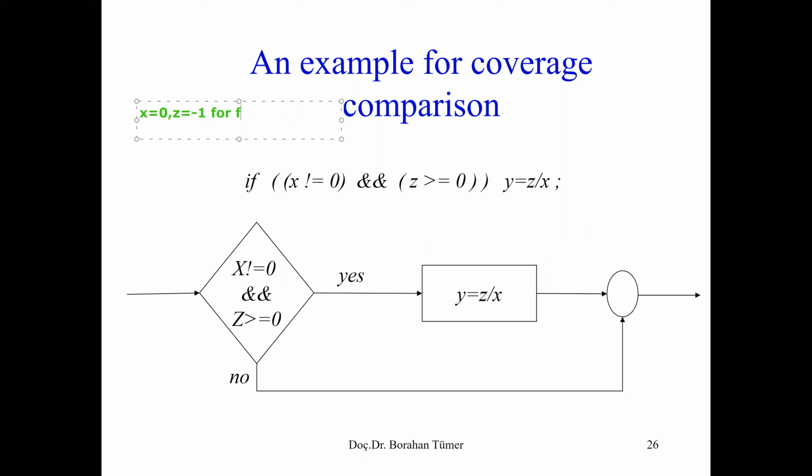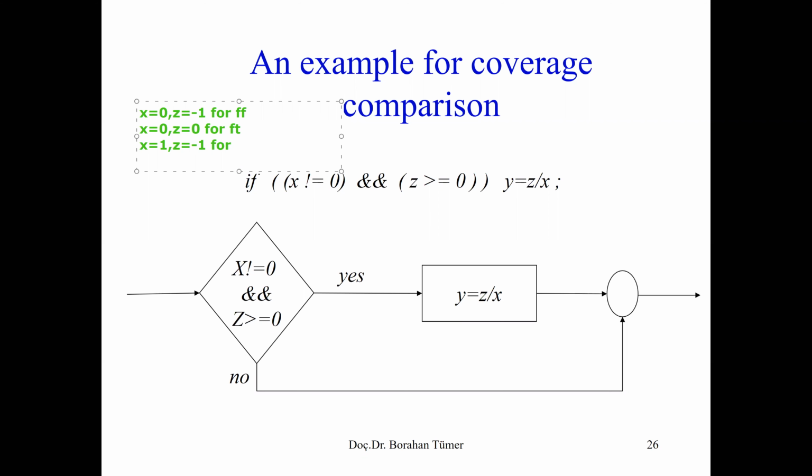For false, false, X equals 0, Z equals 0. For false, true, X equals 1, Z equals -1.